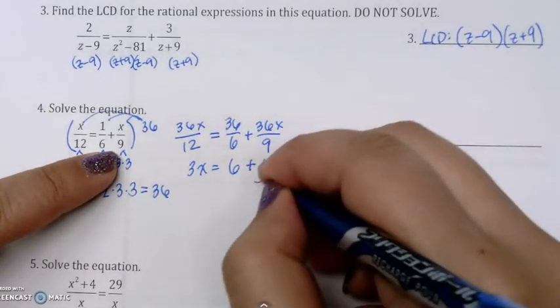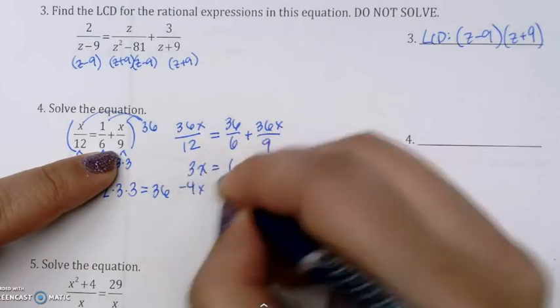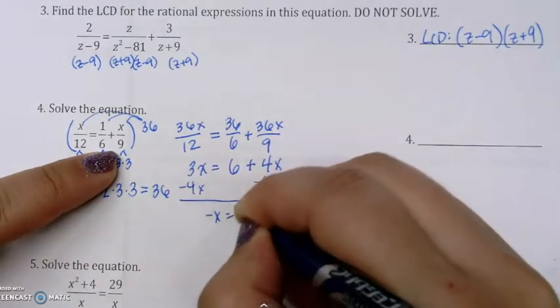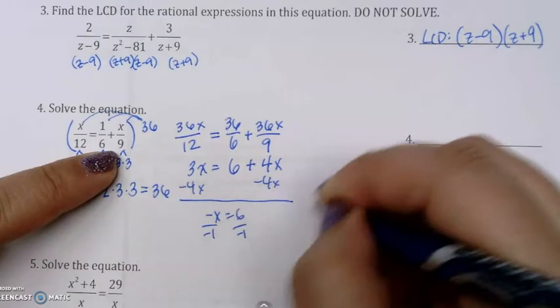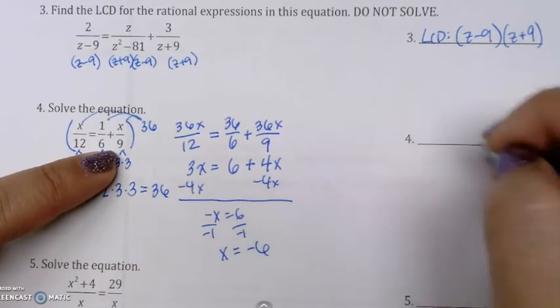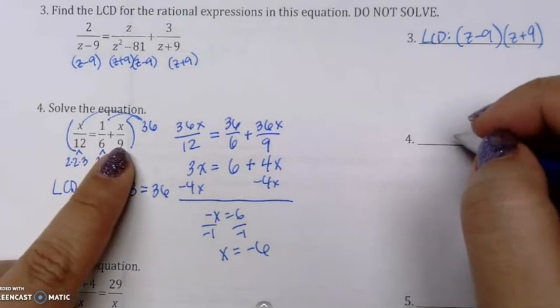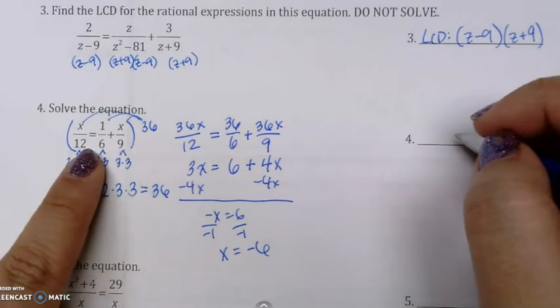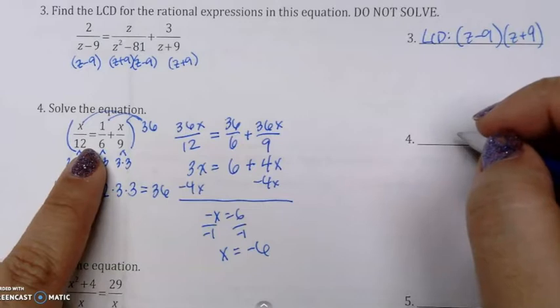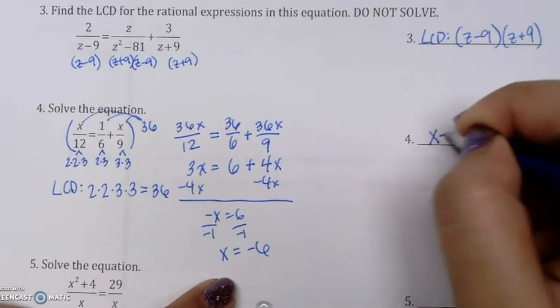Solving for x, so minus 4x, we get negative x equals 6. Divide by negative 1, x equals negative 6. And then we need to double check that that doesn't make any of our denominators 0. Since all of our denominators are numbers with no variables, we know that it's okay. So x equals negative 6.